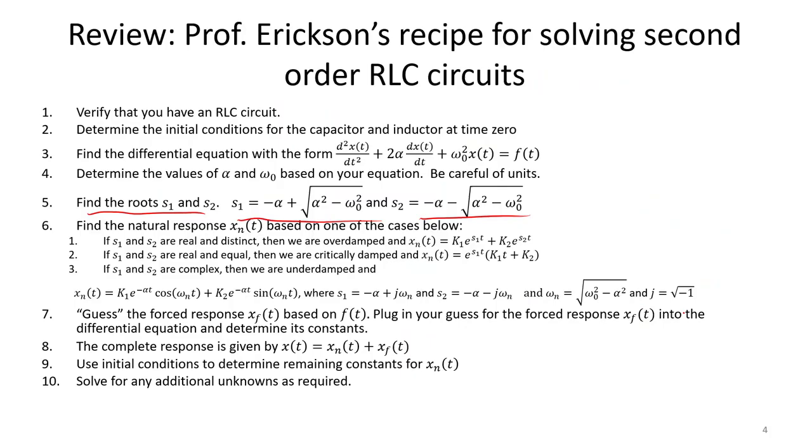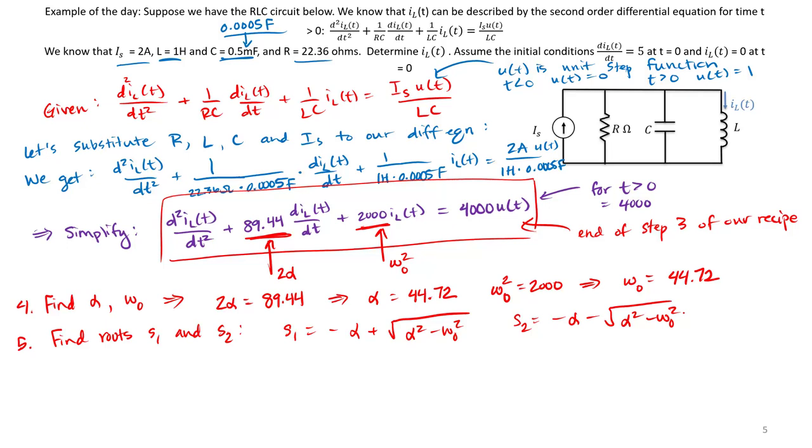So just plugging into those expressions, and of course, in this case, our alpha and omega naught are equal, so we end up determining that S1 and S2 are equal, and they're both equal to negative 44.72. Let's move on to our next step.